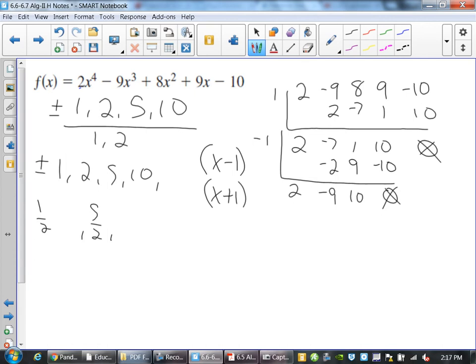You're now at a quadratic. 2x squared minus 9x plus 10. Might be factorable. Two times 10? Add together to get negative 9? Negative 4, negative 5.